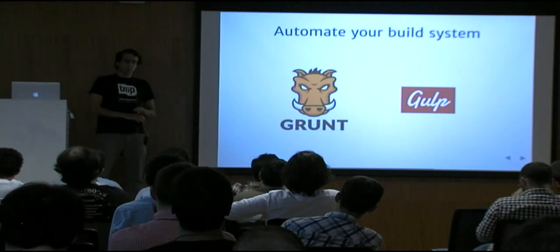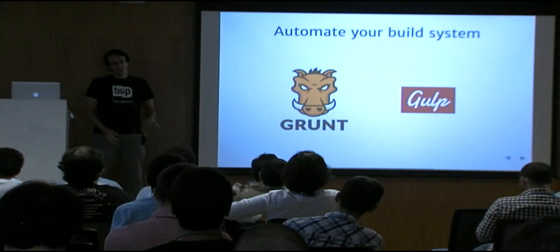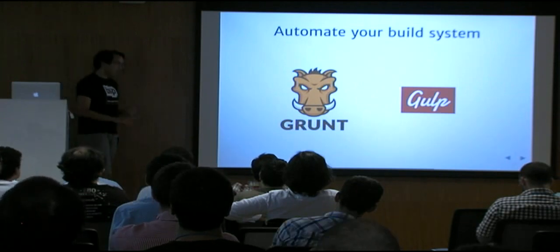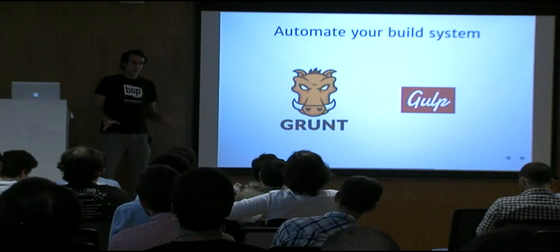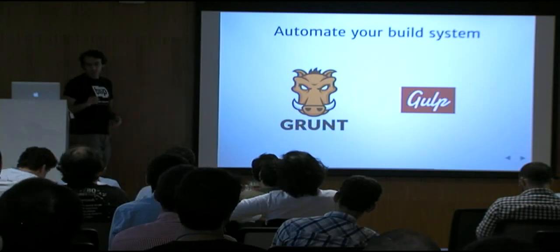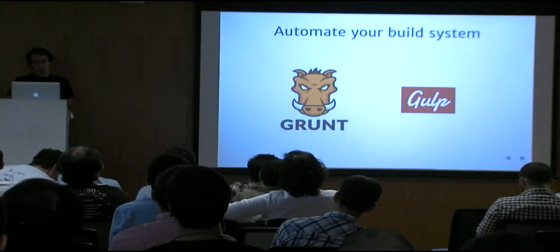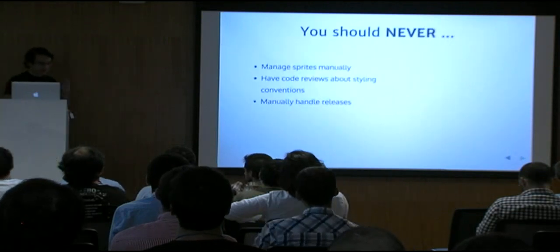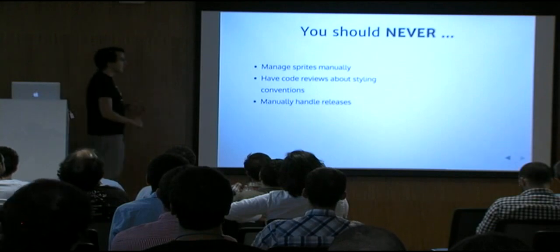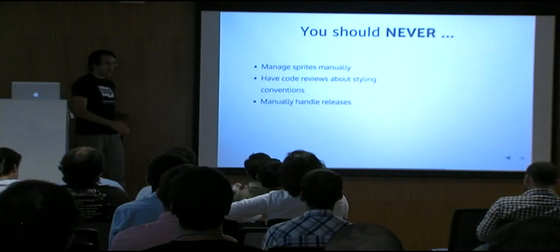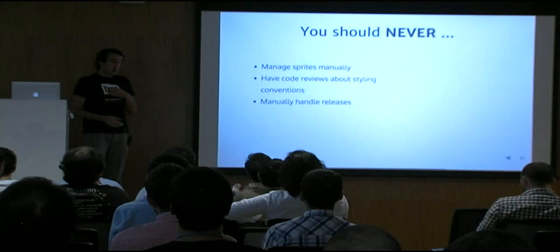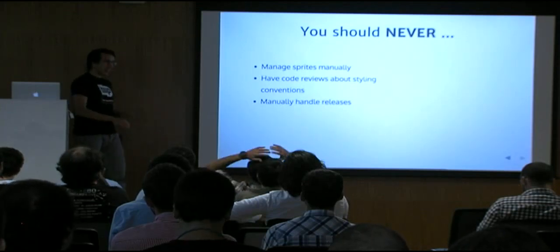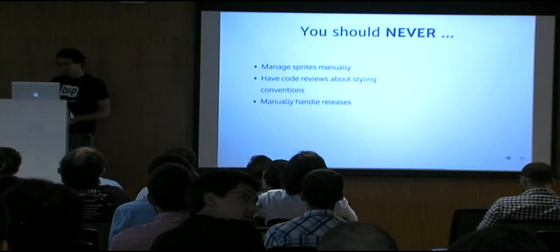All of this is pretty easy, but you need to use an automated system. You need to use Grunt or Gulp or whatever, because all these tasks would be a complete mess to do manually. And I have a couple of things that I think you should never do in your projects. I think our project is a JavaScript project, but this could be applied in any project in any language.